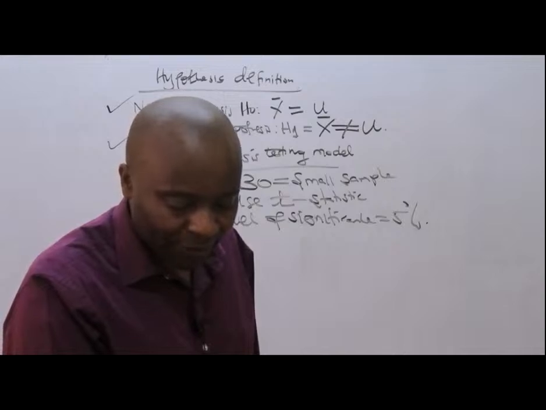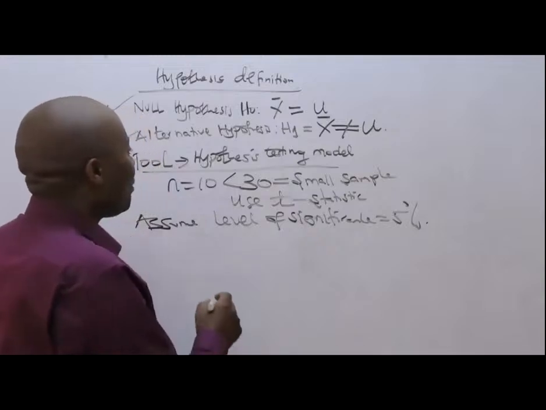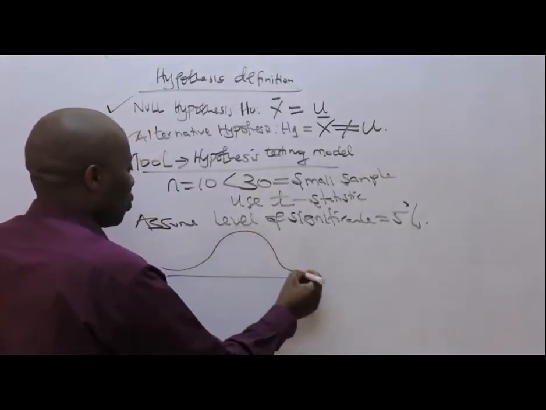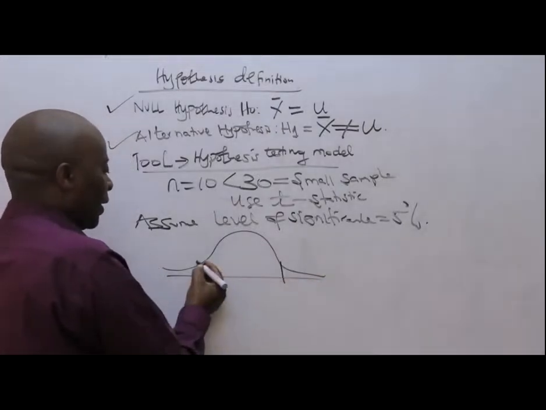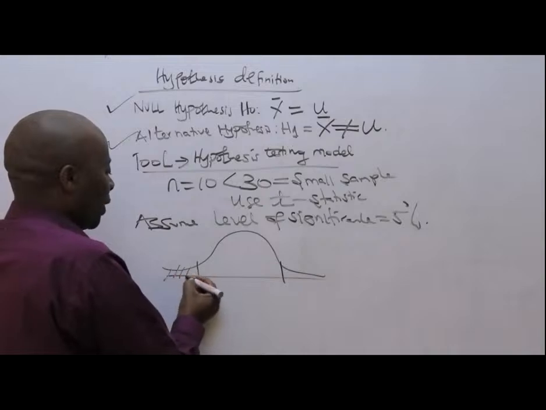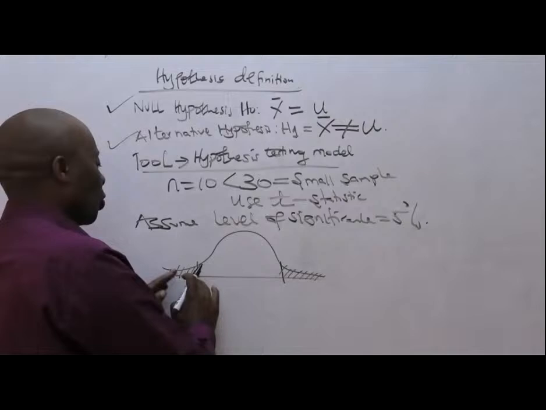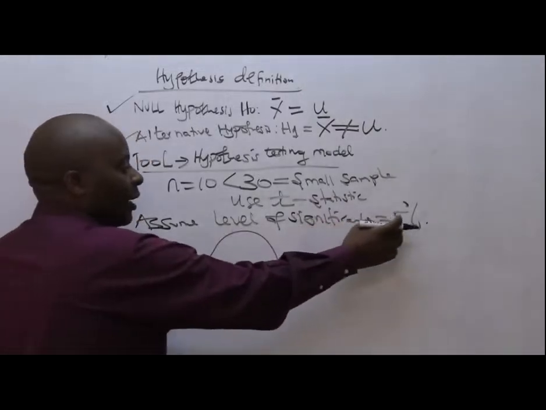Now, if it's 5%, I'm going to put down my T model. The T sketch looks just like the normal Z. But this time around, it is going to have 2 tails. I'll explain why. The total area of the tails must carry the entire 5%.